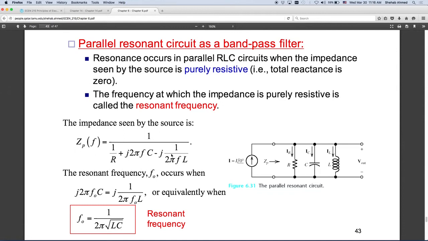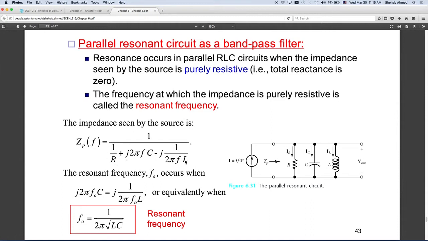What do I want to happen at resonance? I want my capacitive impedance and my inductive impedance to cancel, to equal each other. I would like to maintain only the resistance in the circuit.